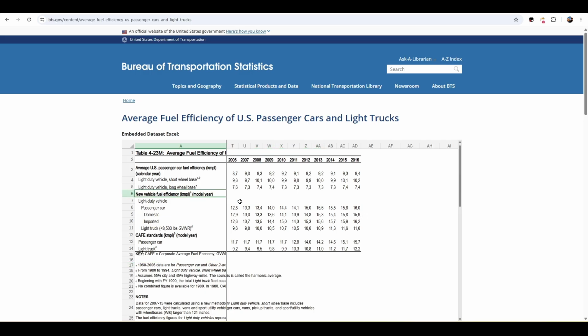And here you see the new ones, they're like 16, about 60% more efficient. So it's kind of hard to compare because you have a lot of older cars, but we will look into different cases on that topic.